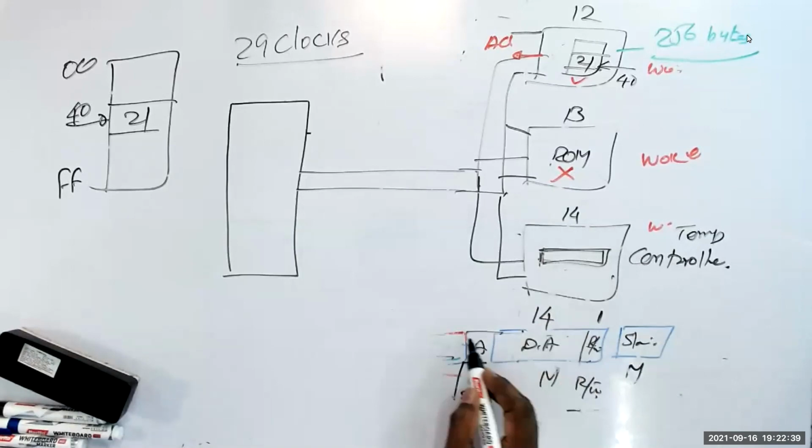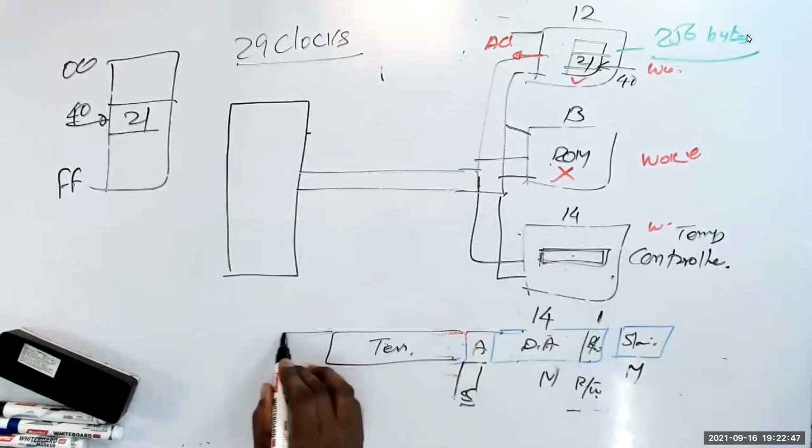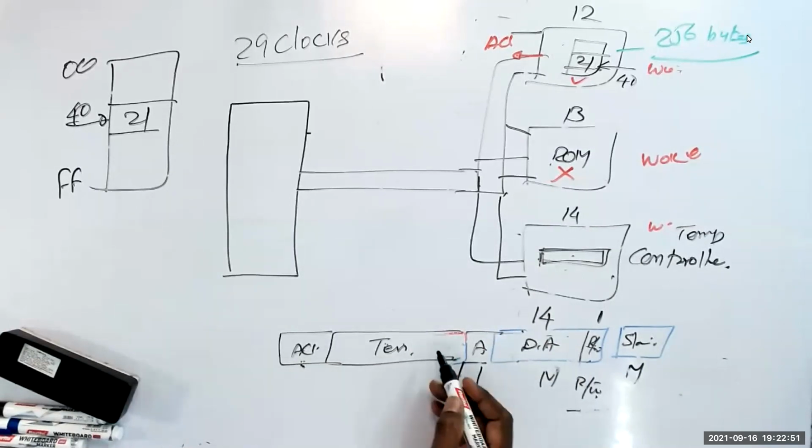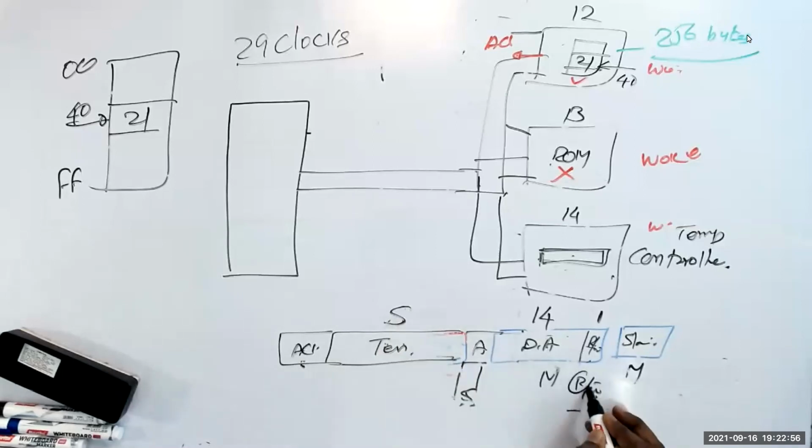Since you are reading, when you give a read, you will get the data, that is your temperature. Then master will send acknowledgement. In this case, the data is given by the slave because you asked read. Since you asked read, the data is given by the slave, then you put acknowledgement.